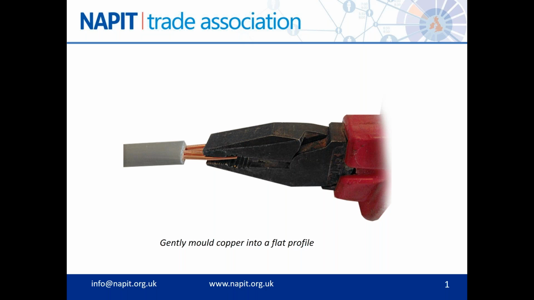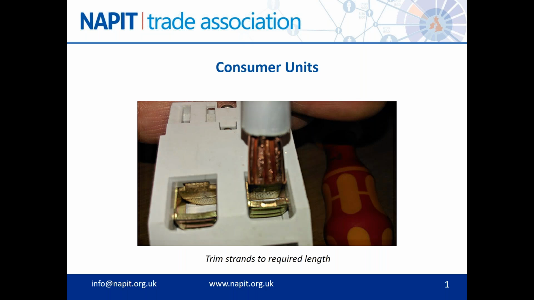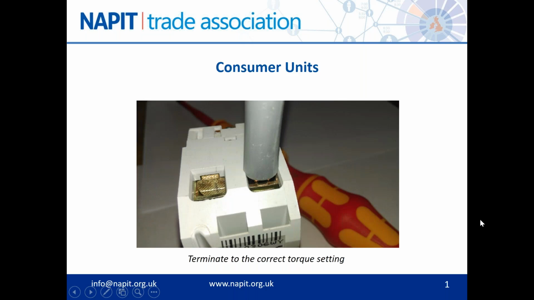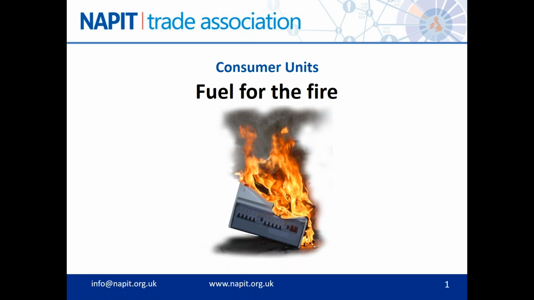What we've found, through ourselves and other members, is to mould the copper into a square type shape. With your pliers, get on the end of the cable and gently mould it into a flatter shape, so that when it goes into the terminal, it fills the terminal better, and when you tighten up the terminal, it gets a good grip on it and really secures it. What we've found through testing is that's the best way, and it grips really nice and secure.